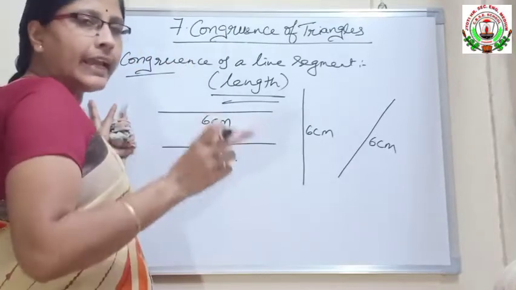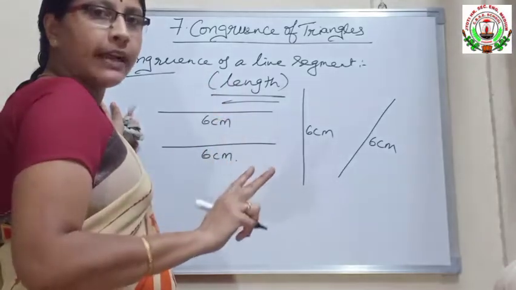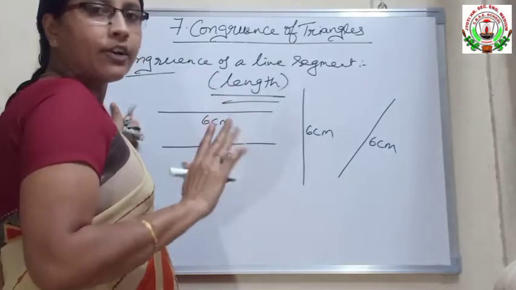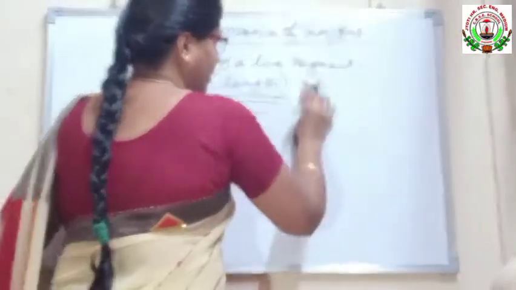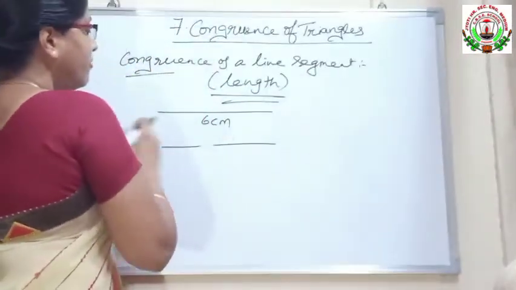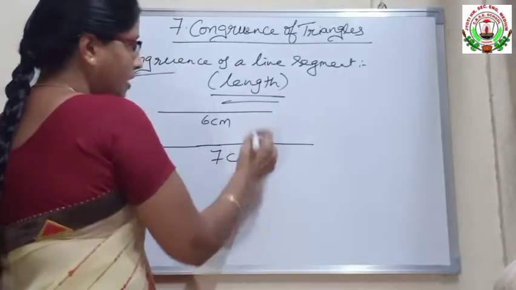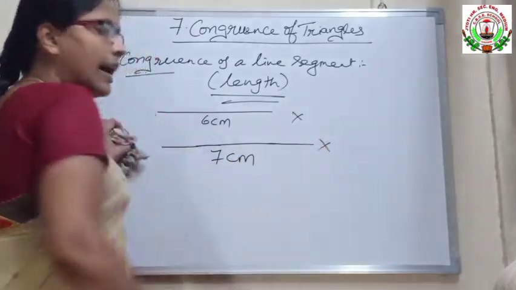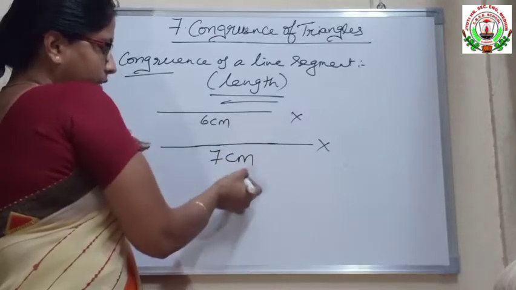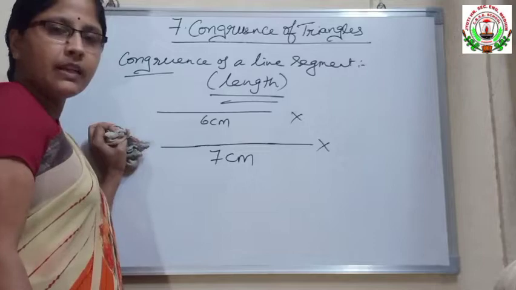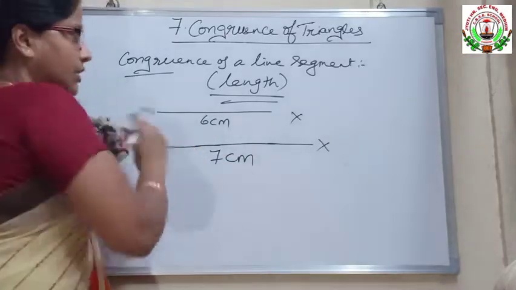Anywhere if the length of the two line segments are same, we can say that both the line segments are congruent to each other. If one is of 6 centimeters and another is of 7 centimeters, we cannot say these two are congruent to each other, because one is of 7 centimeters, one is of 6 centimeters. So these two lines are not congruent to each other.